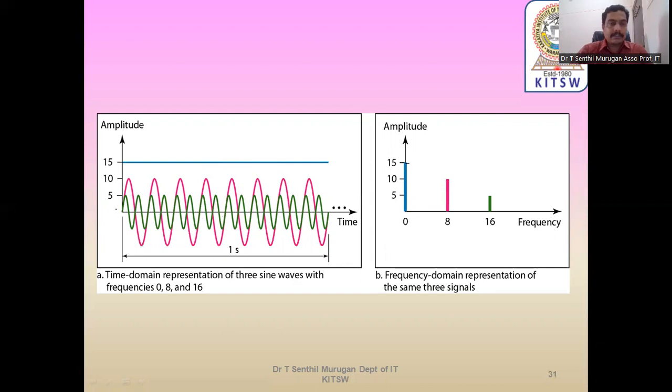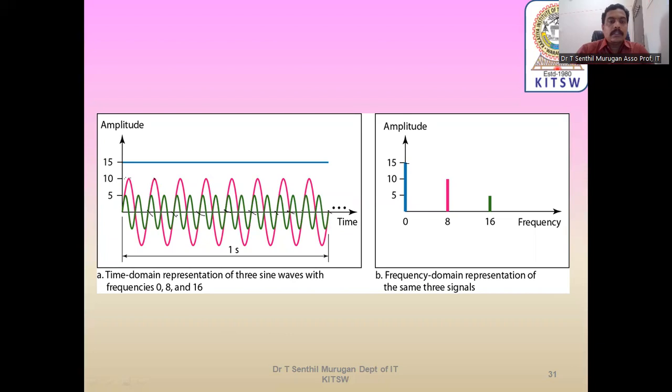It is mentioned how many peak values there are, so frequency: 1, 2, 3, 4, 5, 6, 7 and 8.